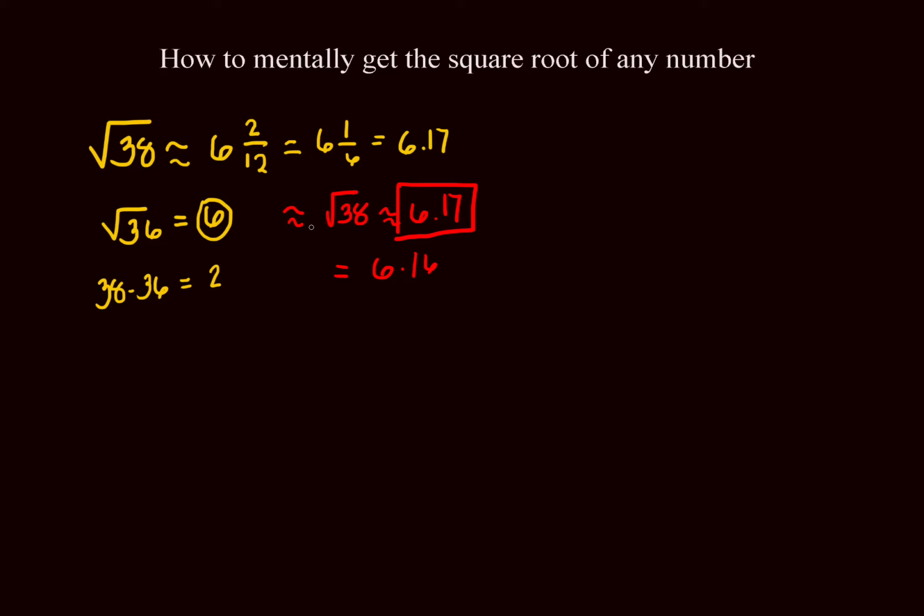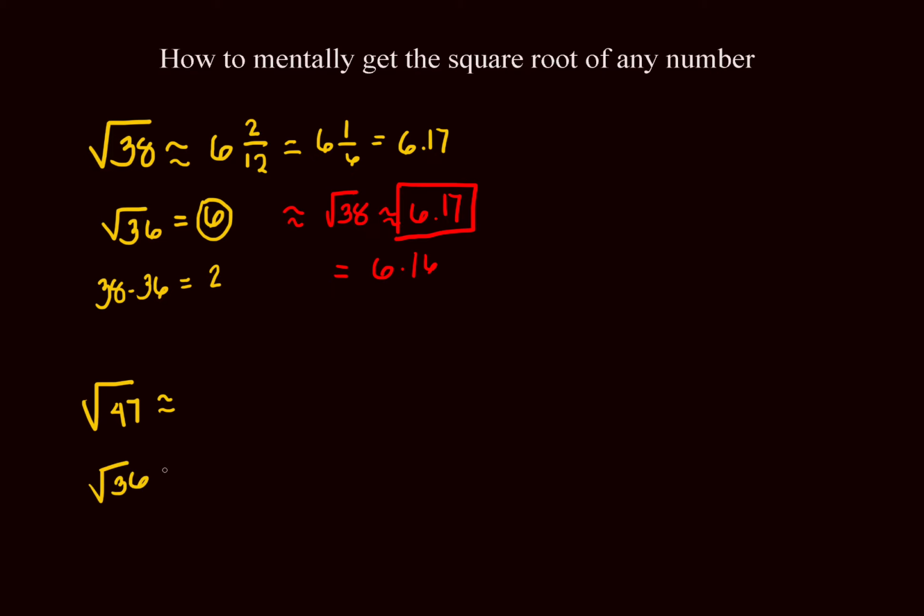Let's proceed with the second example. So let's say we want to find the square root of 47. So again, the first step is we're just going to look for a perfect square that is just below your 47. So in this case, that would still be the square root of 36.